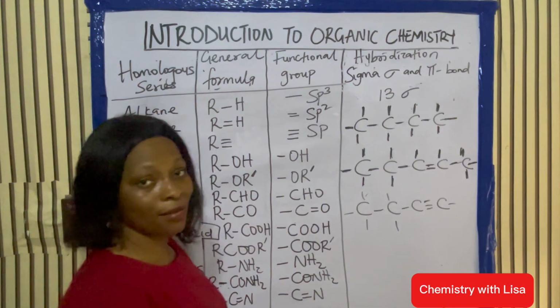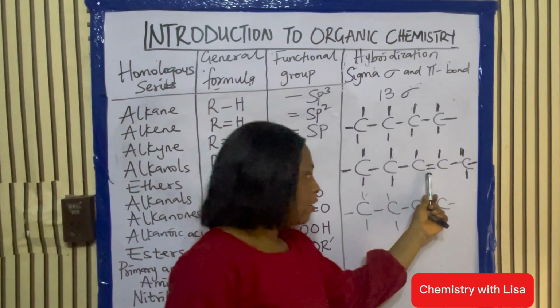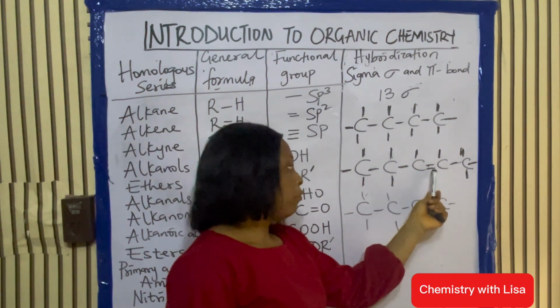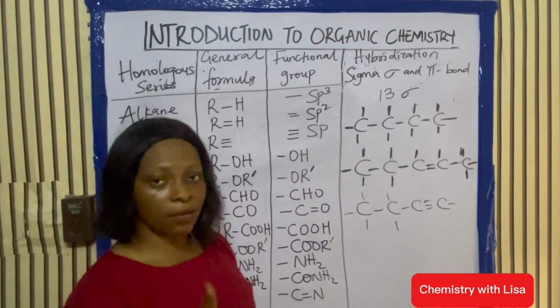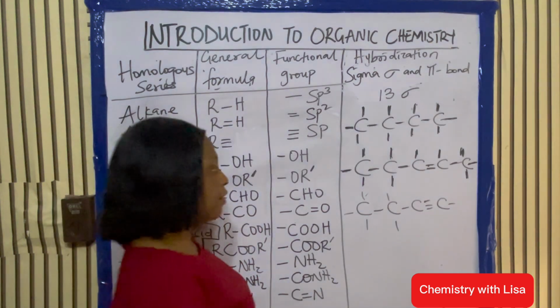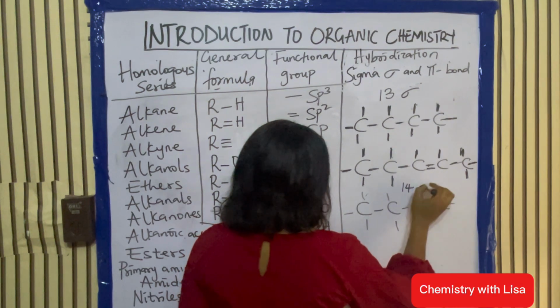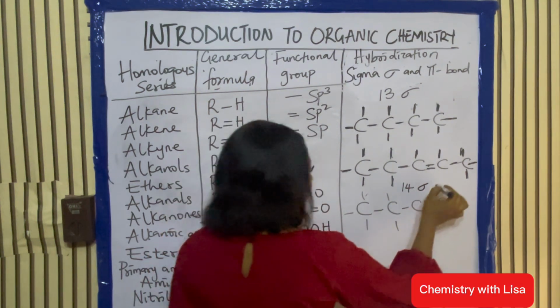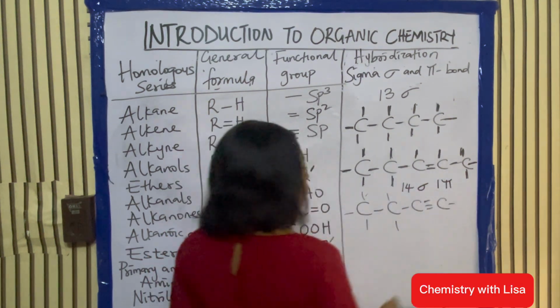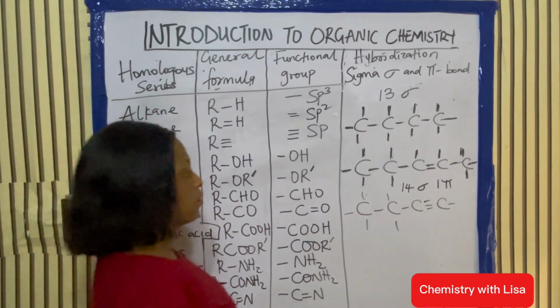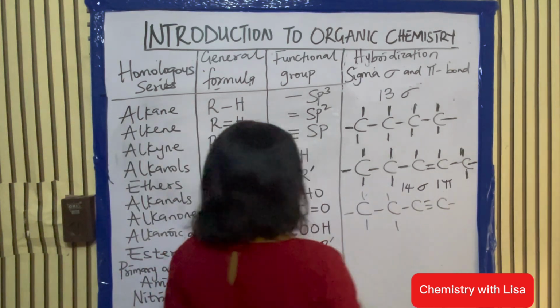So it has 13 sigma, but there is a double bond here, and the double bond includes 1 sigma, 1 pi. So 13 plus 1 will give us what? 14. So it has 14 sigma bonds and 1 pi bond.